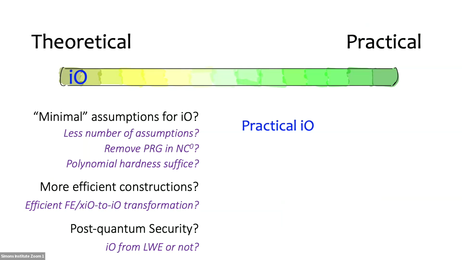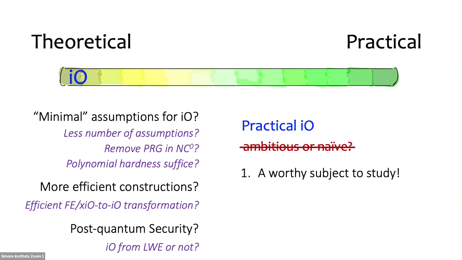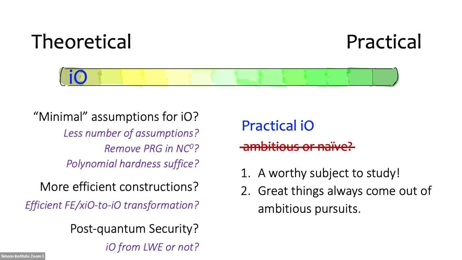Should we think about practical IO at all? Is this too ambitious, or naive, or not interesting? I would like to say that the answer to this question is simply irrelevant. First of all, it's a worthy subject to study. We pick our battle, we don't pick our outcome. Second, great things always come out when you strive for ambitious pursuits.